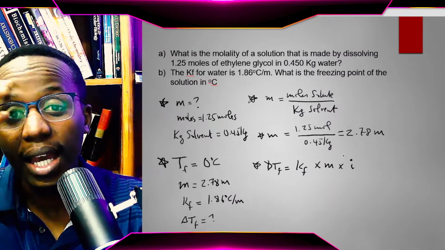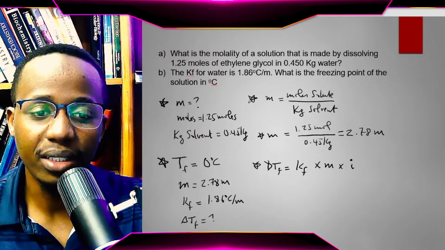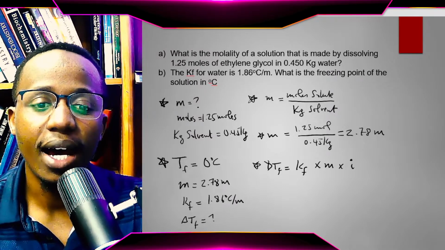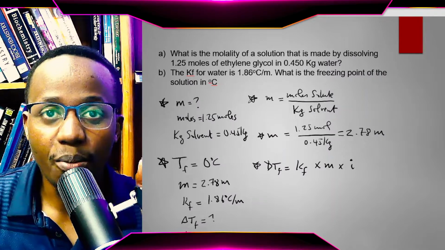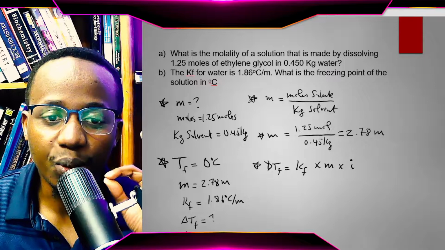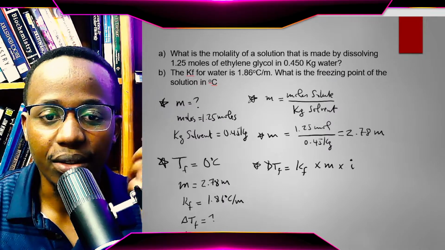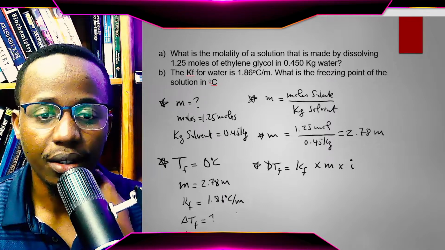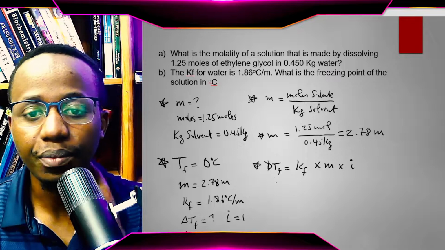But for this one, it's ethylene glycol. Ethylene glycol is a covalent compound. It's not an ionic compound. So i is equal to 1. For a covalent compound, i is going to be equal to 1. For an ionic compound, i is going to be the number of ions, right? So here, i is equal to 1.